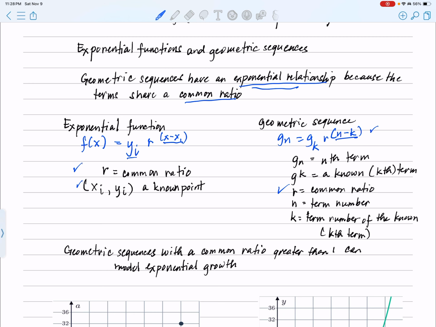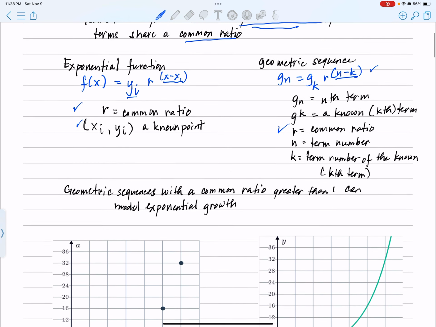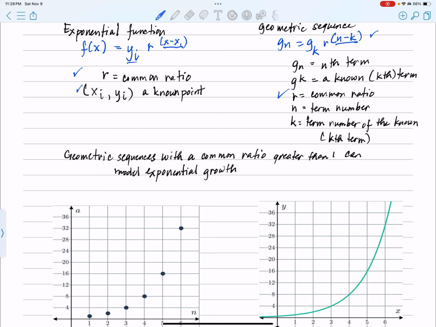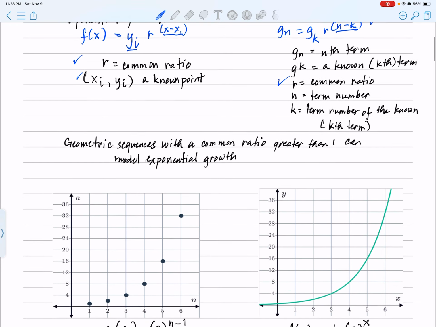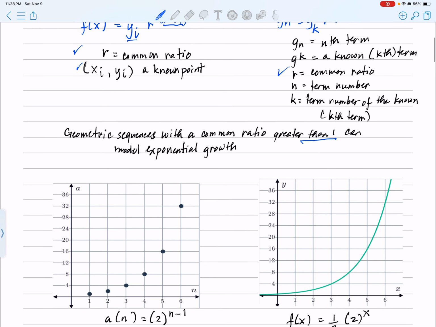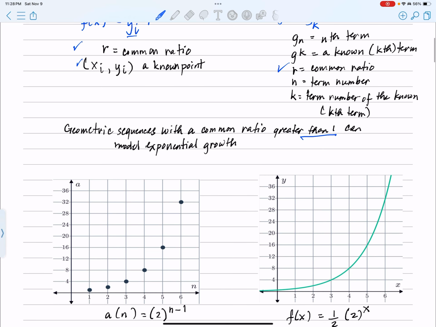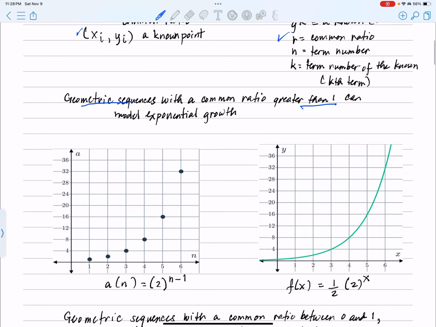Geometric sequences with a common ratio that is greater than 1 can be modeled with exponential growth. So if you try to look at this graph right here, you can see these points.